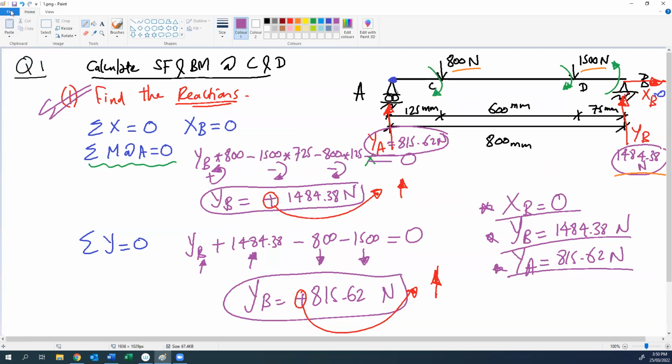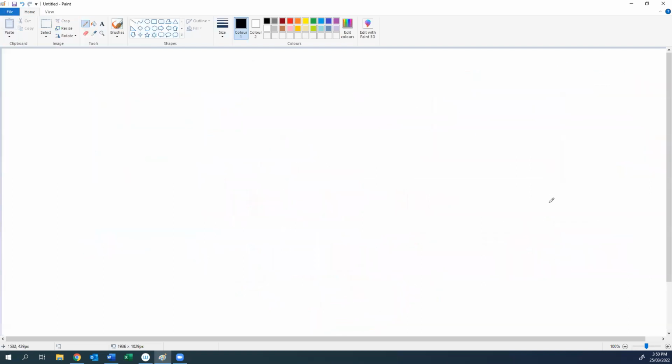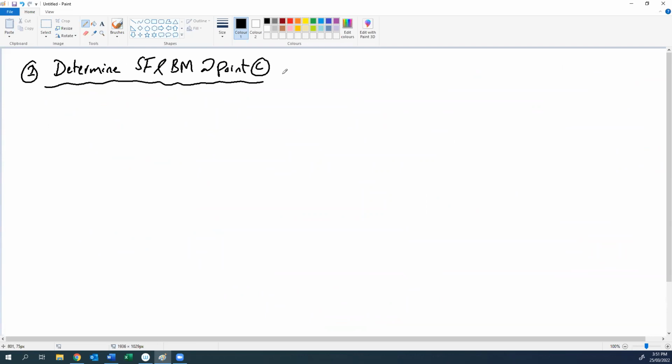Okay. Now, the second step after the reactions is to determine the shear force and bending moment at point C. To calculate the shear force and bending moment at C, I will draw the beam again.